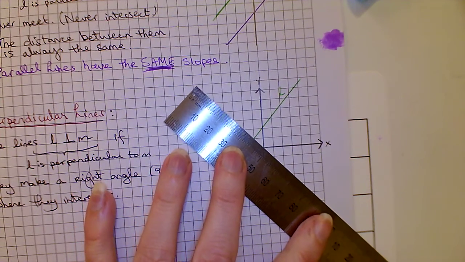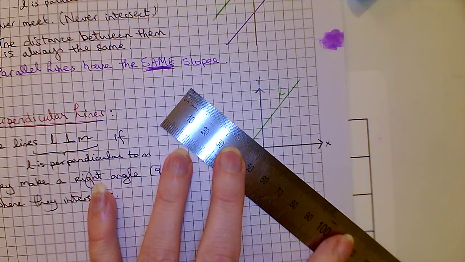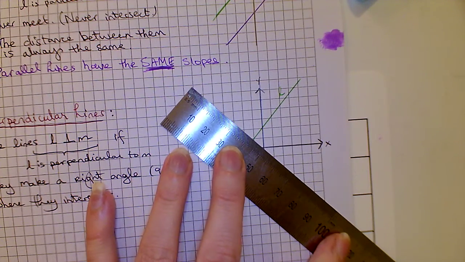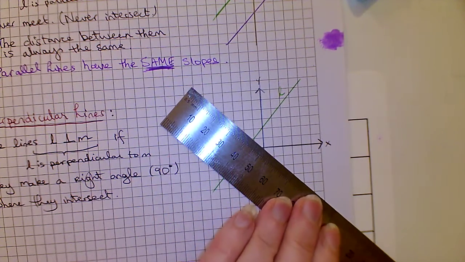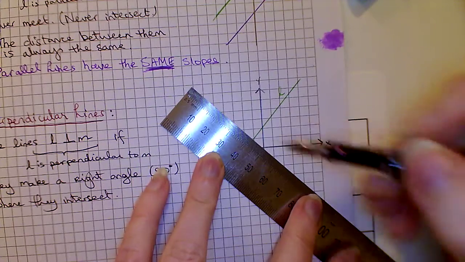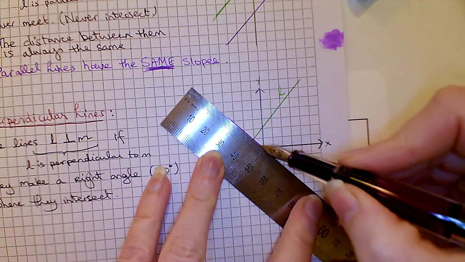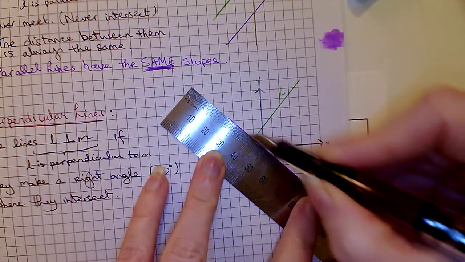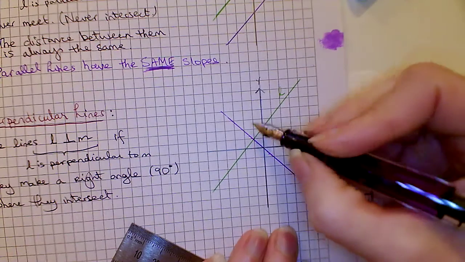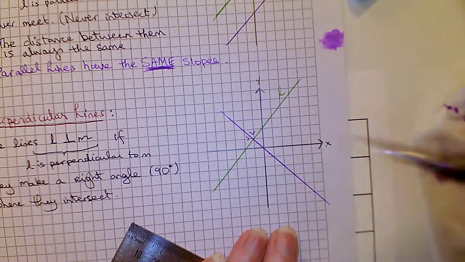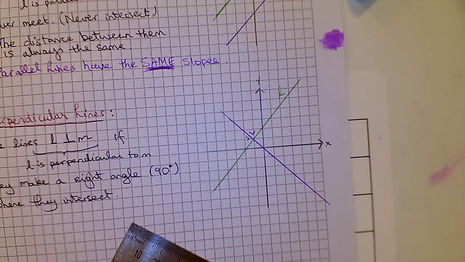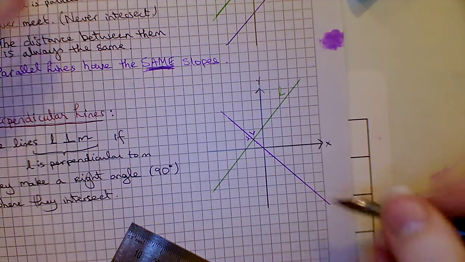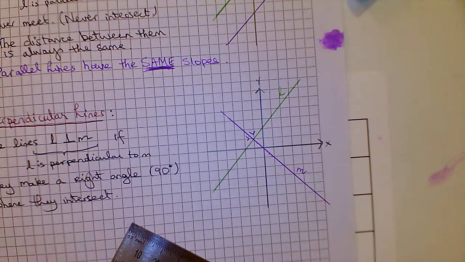And I'm going to make a right angle. You can use your set square or the edge of the ruler to draw a perpendicular line making a 90-degree angle like this. Purple pen's leaking. Okay, so M and L are perpendicular.